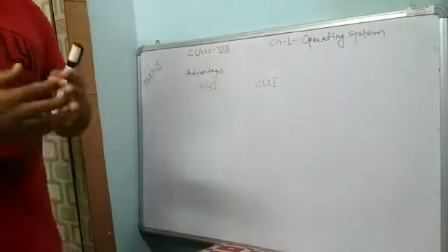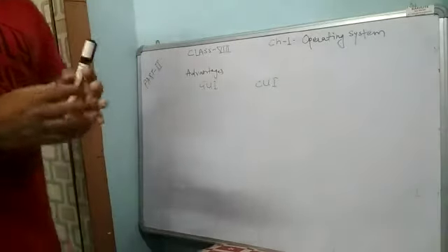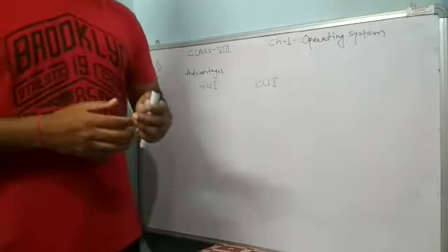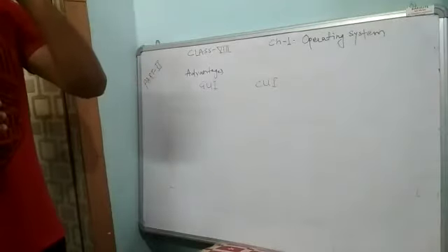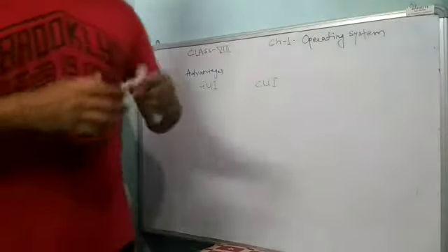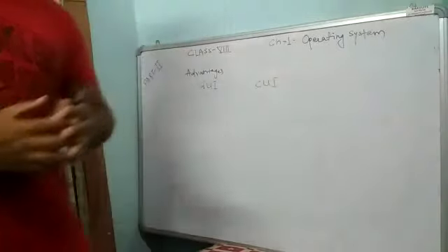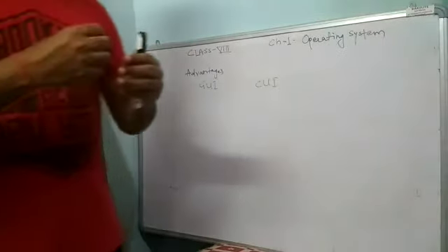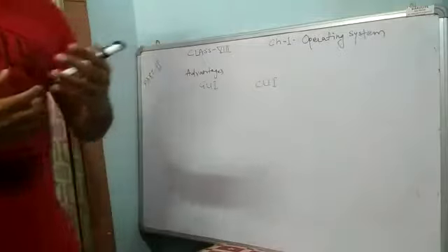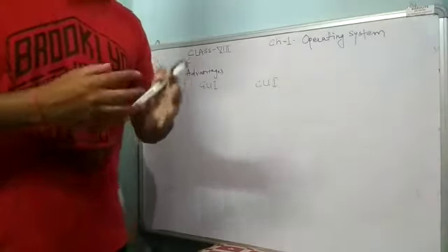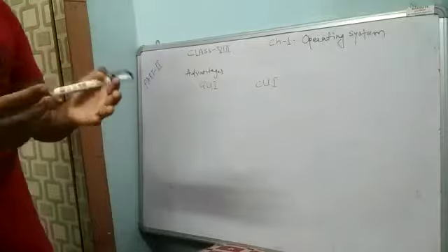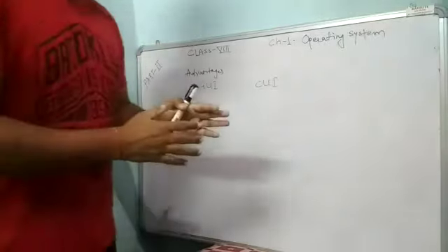About GUI I told you that in a graphical user interface, the user can instruct or interact with computers graphically, which means they don't need to provide or write any command. They can do anything graphically through the mouse or through the keyboard.